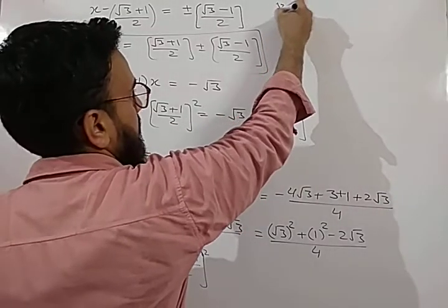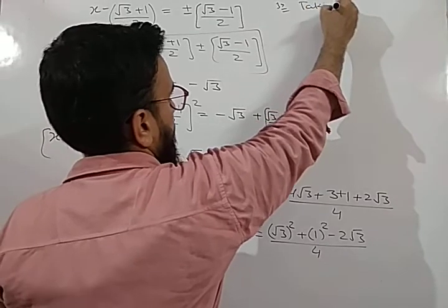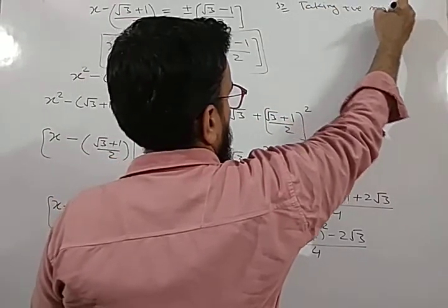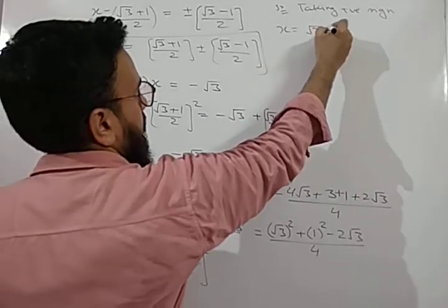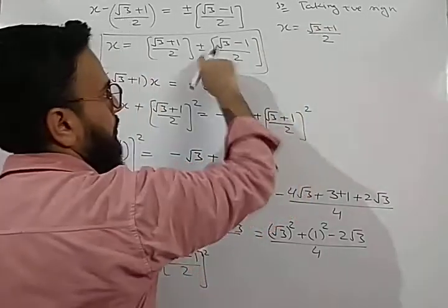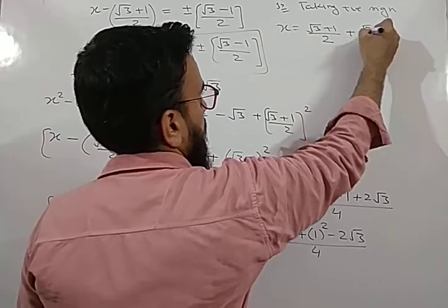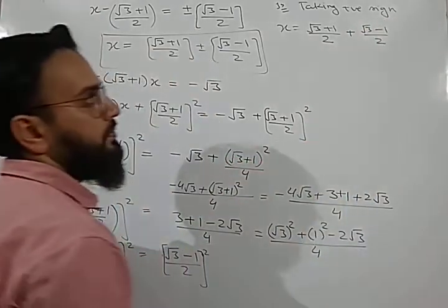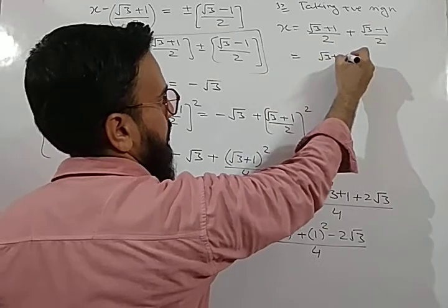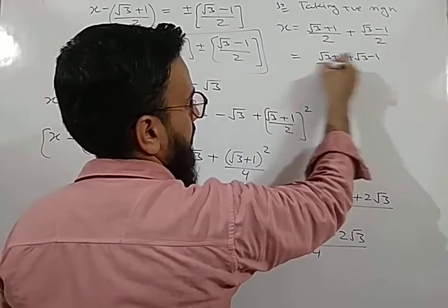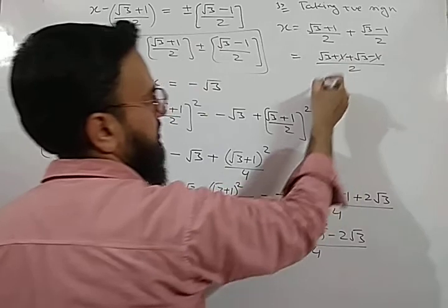So first, taking the positive sign, what will we get? x will be equal to (root 3 plus 1) upon 2 plus (root 3 minus 1) upon 2. So 2 is common, LCM. We will get (root 3 plus 1 plus root 3 minus 1) whole upon 2. This minus 1 and plus 1 will be cancelled out.